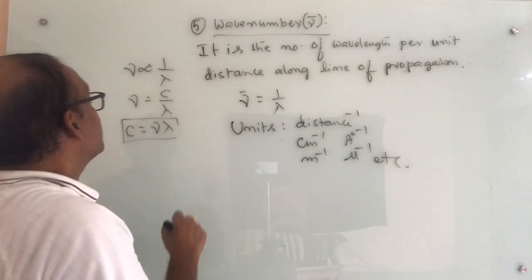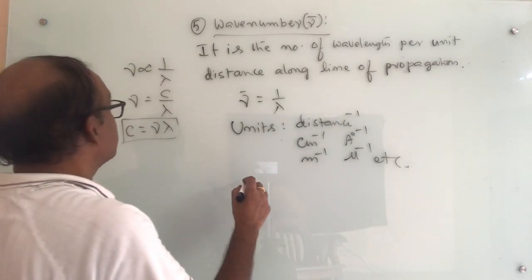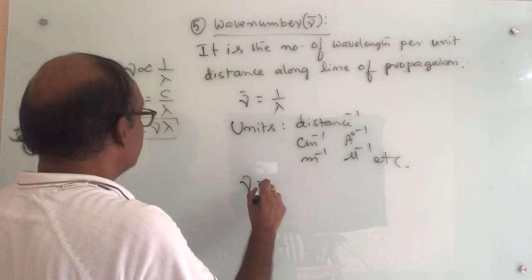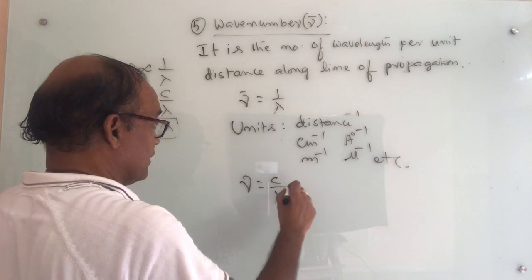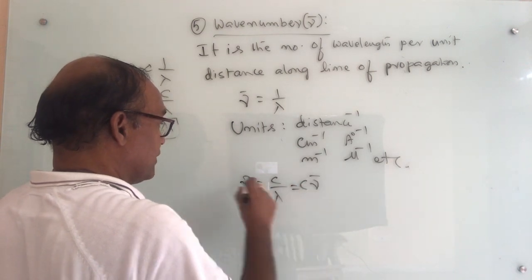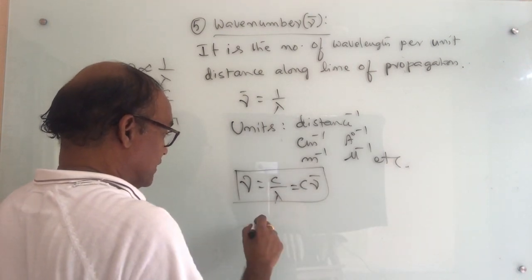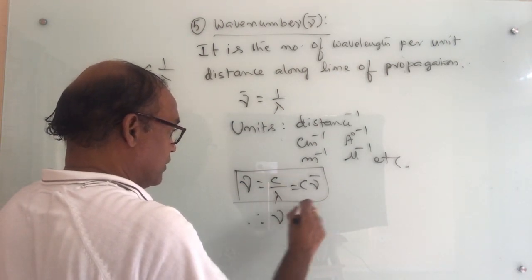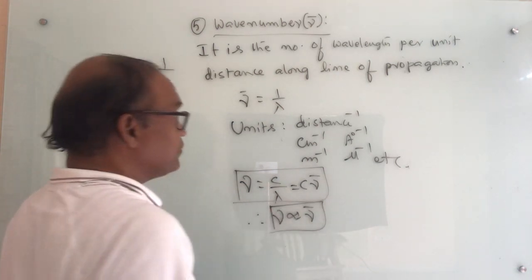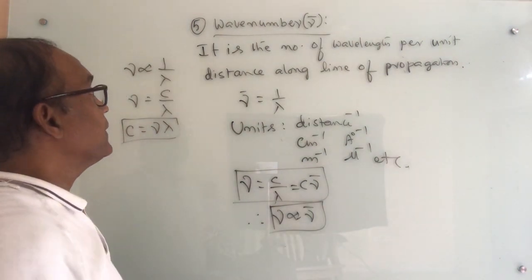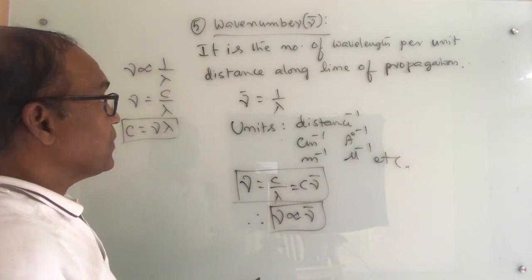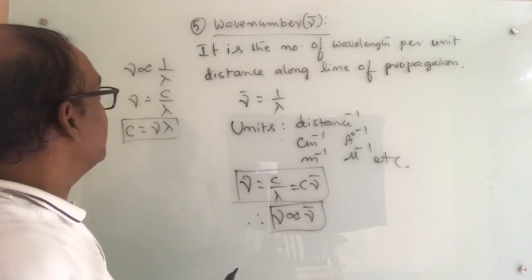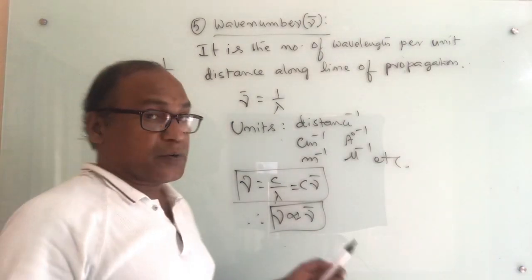Now together these relationships, you see that nu is equal to c by lambda, c nu bar. In other words, nu is directly proportional to nu bar. So these are the properties of a wave, say an electromagnetic wave.